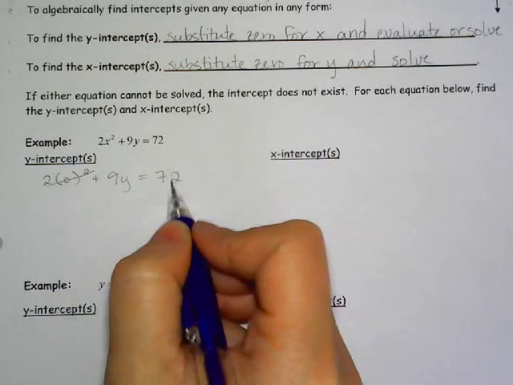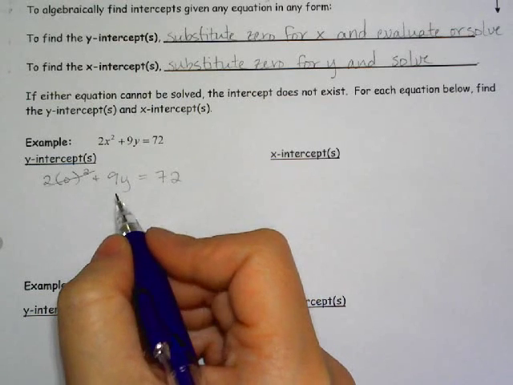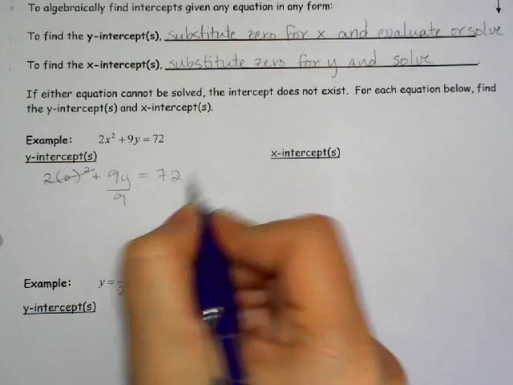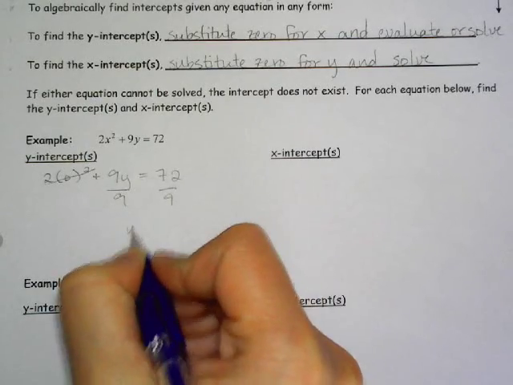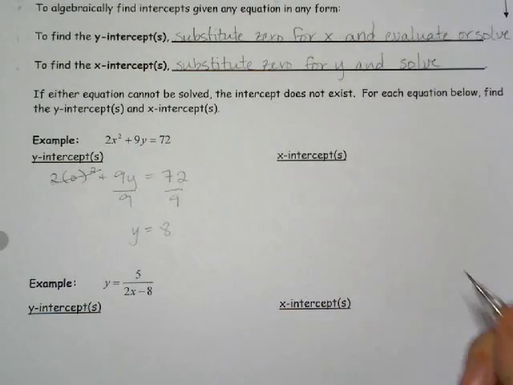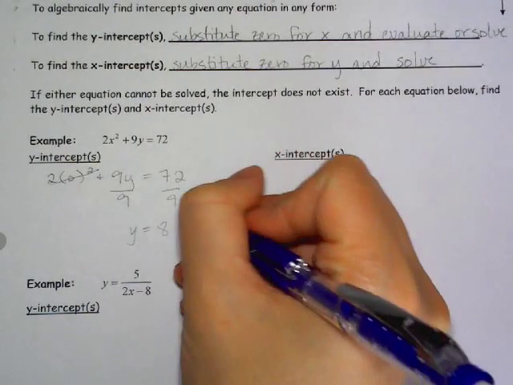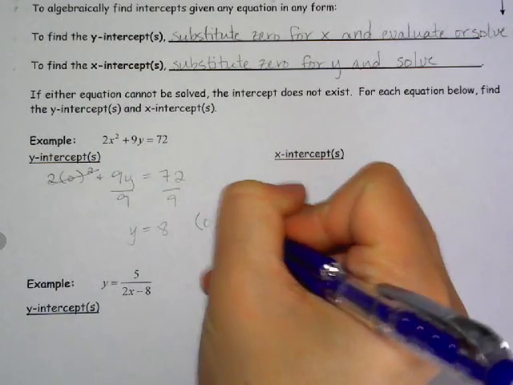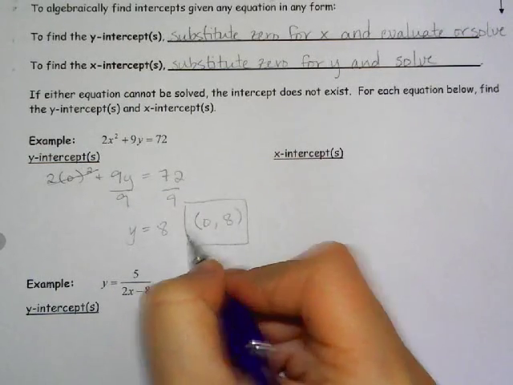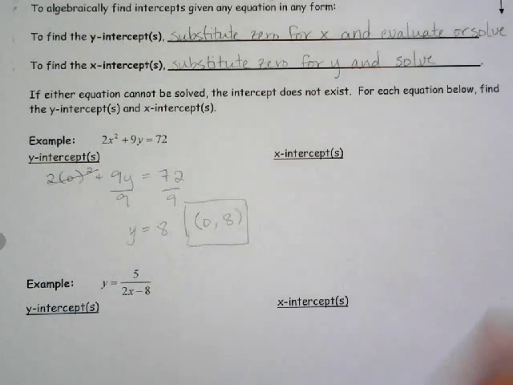So we're left with 9y equals 72. To solve that, what do we do? Divide by 9. So y equals 8. And technically, if we're writing our y-intercept, we're writing this as a coordinate. So the point would be 0, 8. I will accept y equals 8, but I also want to show you the correct way to write it.